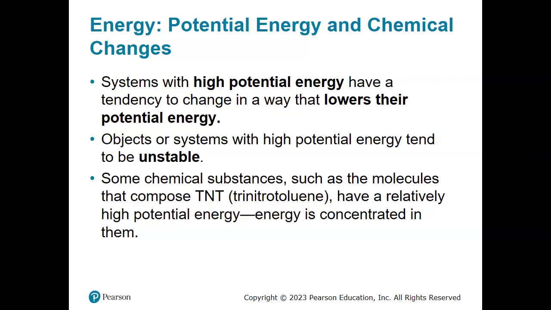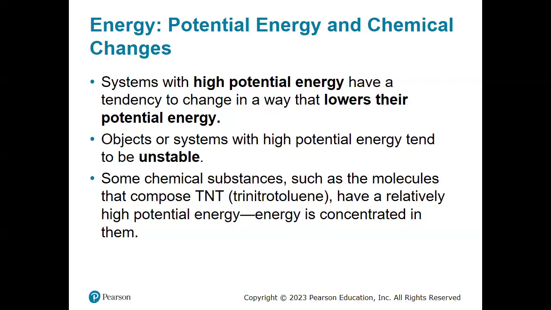The natural tendency of all systems is to go toward its most stable form, its most stable state. Now, the most stable state of any molecule is going to be the one that has the lowest potential energy. And so when we encounter systems that have higher potential energy, we're going to notice that those systems have a tendency to move toward more stable states.